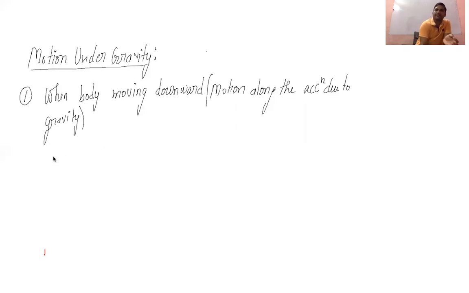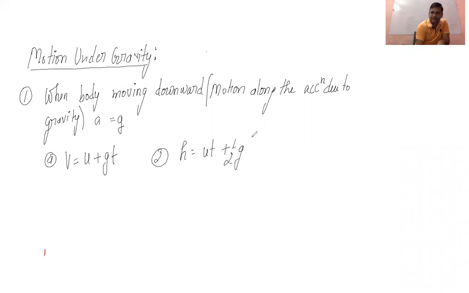So this is the case. We can write the equation of motion. In place of a, you need to write g. So a is equal to g, and you can write v is equal to u plus gt. The second one becomes h is equal to ut plus half gt square.